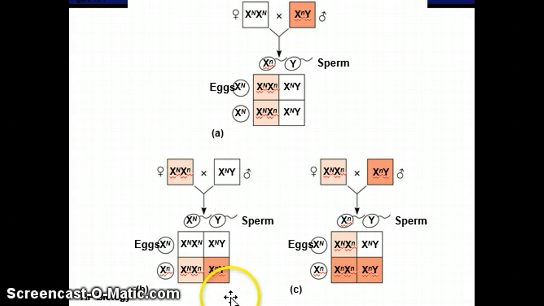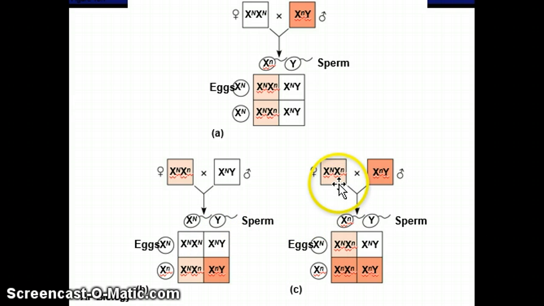And you can see here now we have a male that is showing that original condition with the recessive trait, and one female that is a carrier, and then two that are not showing the trait at all and have no alleles for that trait.